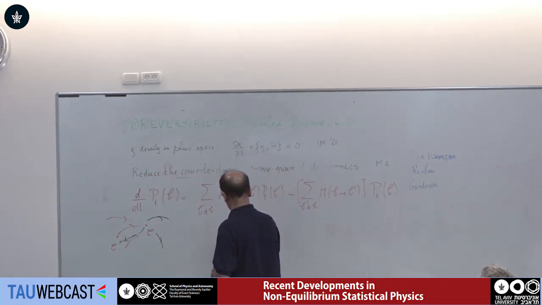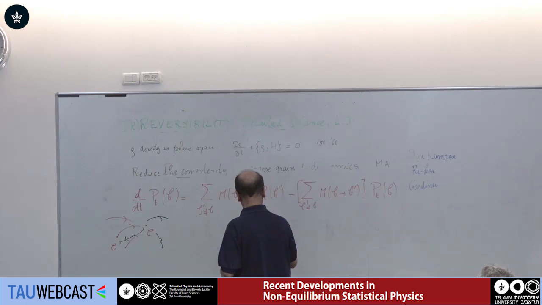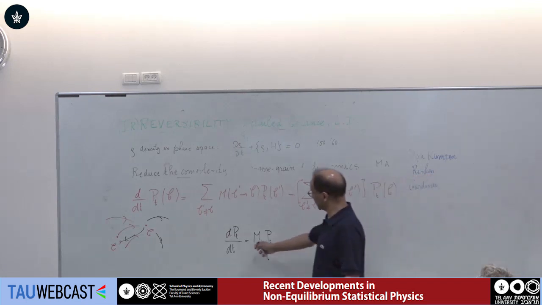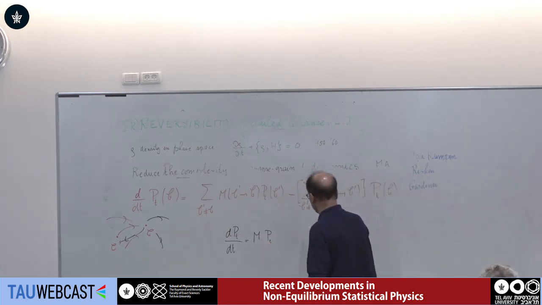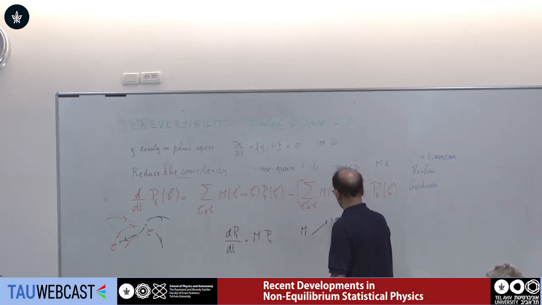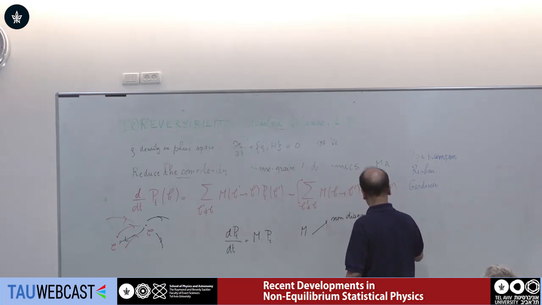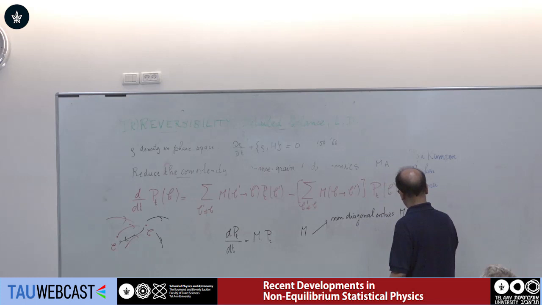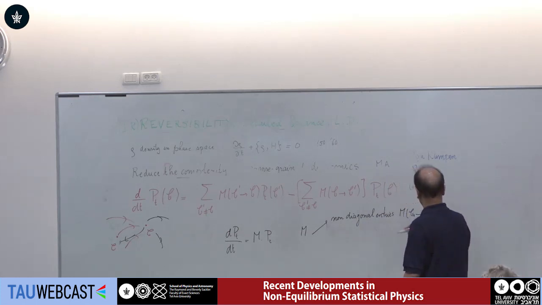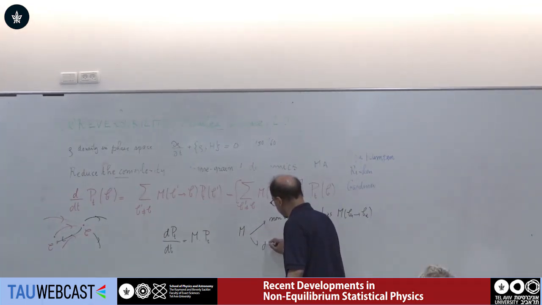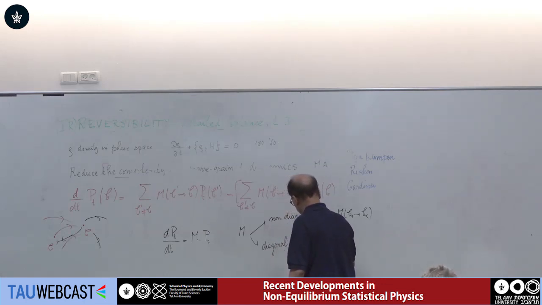In fact, you can write it as dP/dt is a matrix times P. It looks like a Schrödinger equation, but the matrix doesn't have to be Hermitian or anything like that. So what will be the matrix M? Well, the non-diagonal entries will be the rates, just M from C1 to C2, just to change the notation, C to C prime. But you have to be careful about the diagonal entries.